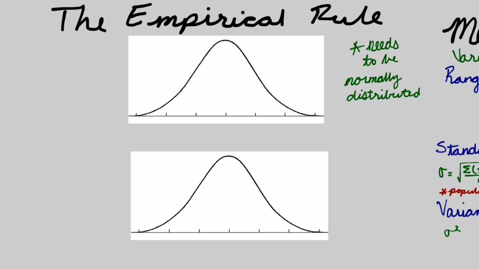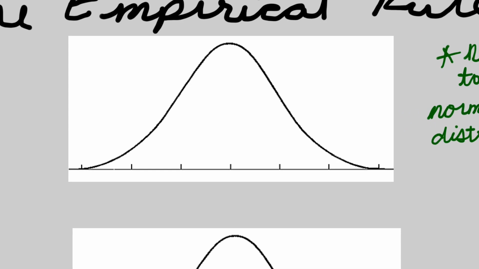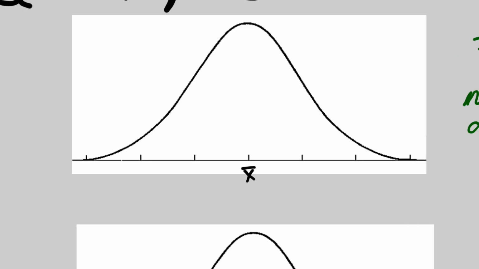Basically, if you were to arrange your data, most of the data would be forming around the mean, which we refer to as x bar. So looking at x bar being in the middle, you can see that a big chunk of your data is really close to the mean, whereas a very small amount of data is far away from the mean.